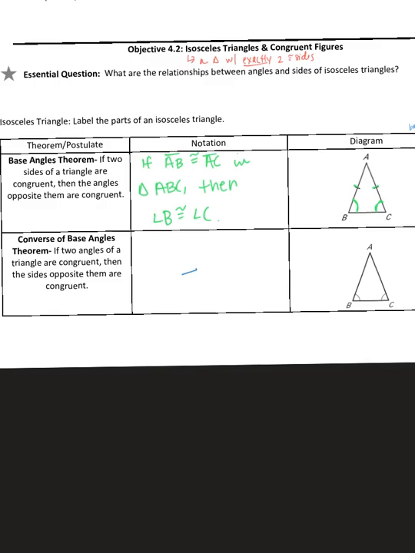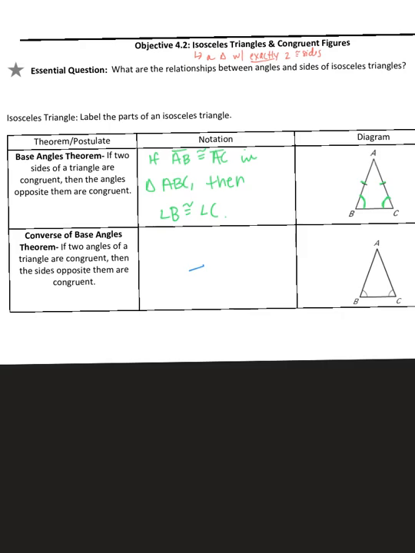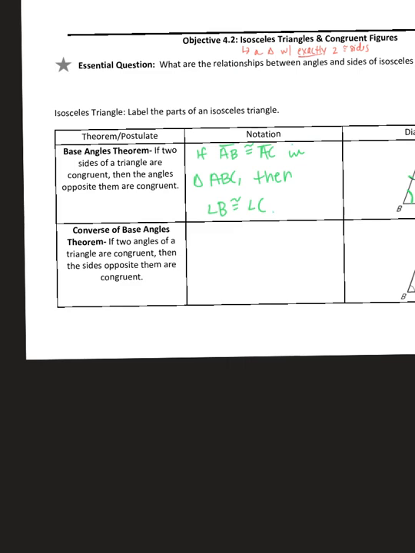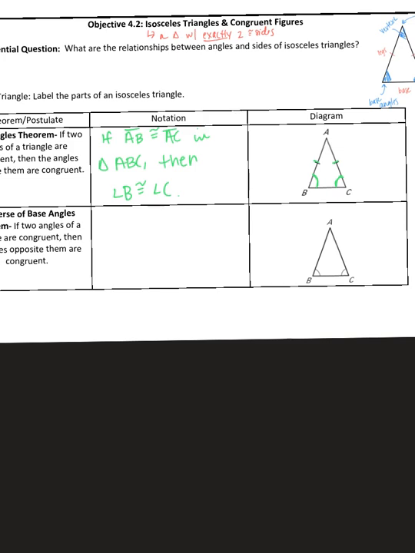So then if we look at the reverse of this, which says if we know that base angles are congruent, then their sides are also congruent, and that's the converse. So if two angles of a triangle are congruent, then the sides opposite them are congruent. And if that's the case, then the triangle is isosceles. Okay, so we're going to take a look at this picture.